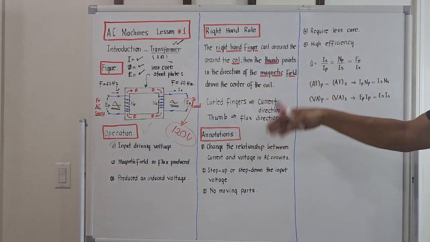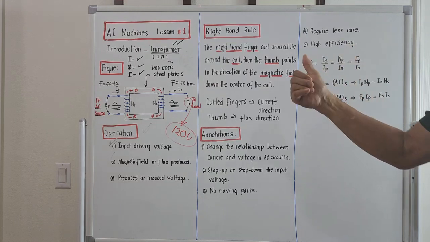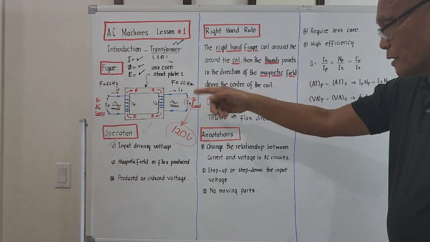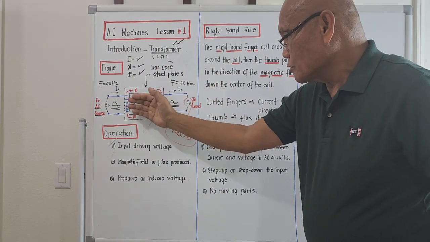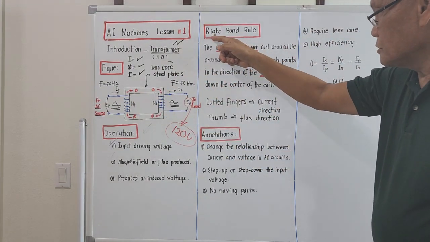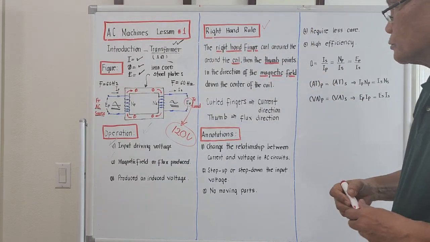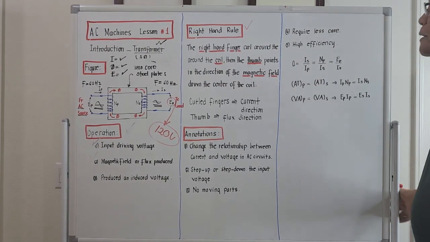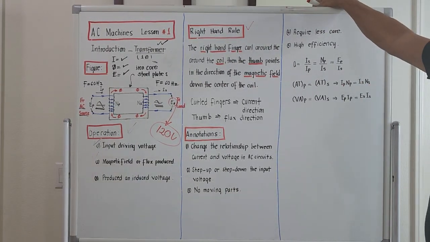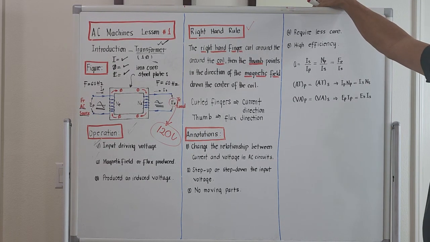This right-hand rule is just the procedure on how to determine the direction of the current when that current passes through a coil. It is termed the right-hand rule. I will try to read it. The right-hand fingers curl around the coil, then the thumb points in the direction of the magnetic field down the center of the coil.